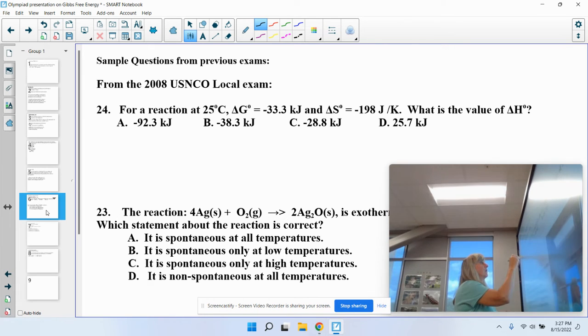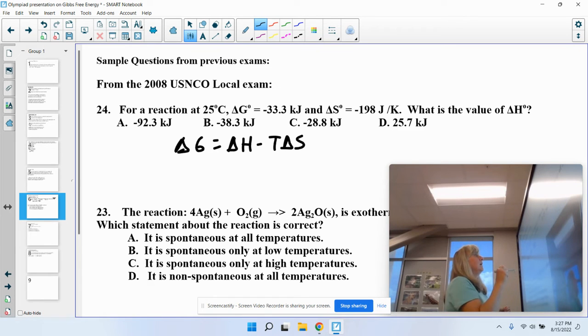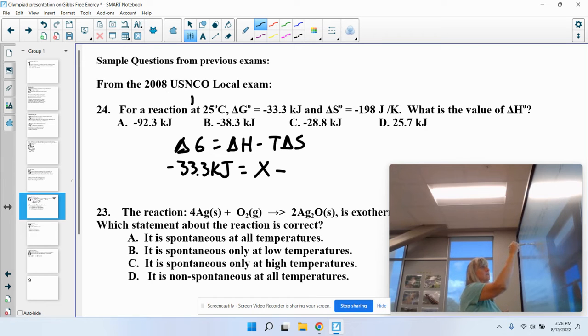Okay, so for our equation, delta G equals delta H minus T delta S. We're given delta G, it's negative 33.3 kilojoules. What we don't have and what we're looking for is delta H, so that's X. We do have temperature, but that's given in Celsius, so adding 273 gives us 298 Kelvin.